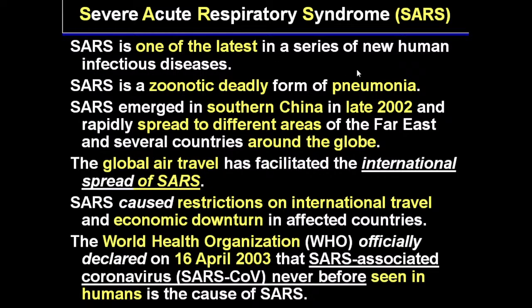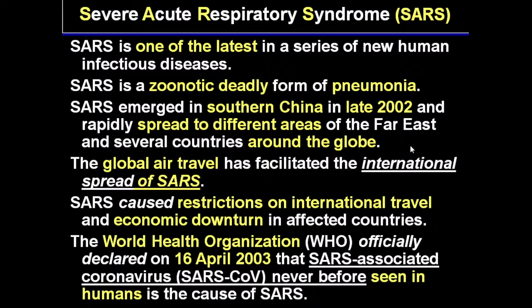SARS was considered one of the latest in a series of new human infectious diseases. SARS is a zoonotic, deadly form of pneumonia. It emerged in southern China in 2002 and rapidly spread to different areas of the Far East and several countries around the globe.